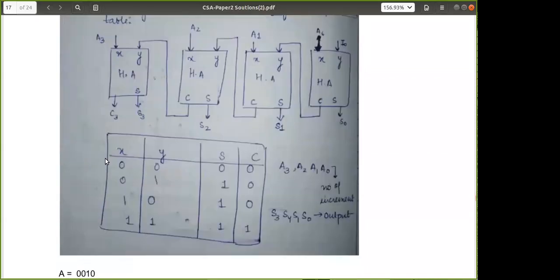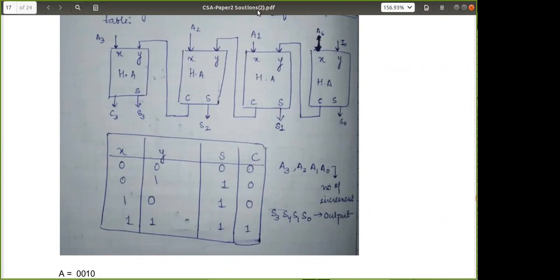Here you see the half adder table. We have X and Y, and then sum and carry. The carry moves to the next half adder.